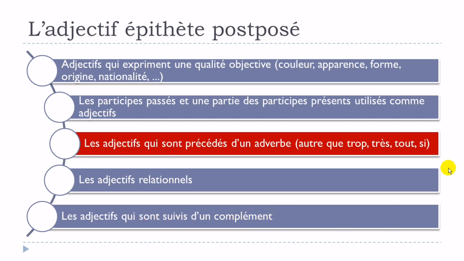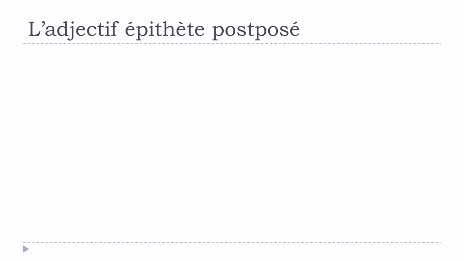So in all these cases here, adjectif qui exprime une qualité objective, les participes passés et une partie des participes présents utilisés comme adjectifs, les adjectifs qui sont précédés d'un adverbe, les adjectifs relationnels, les adjectifs qui sont suivis d'un complément, keep in mind that these adjectives will come after the noun and not before. After. So let's take a few examples now.